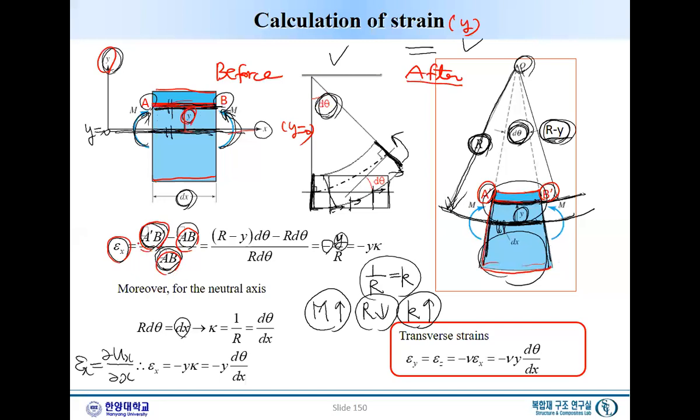So the key point is, what's the length A prime B prime? Well, back to here. See this line is Y equals 0.